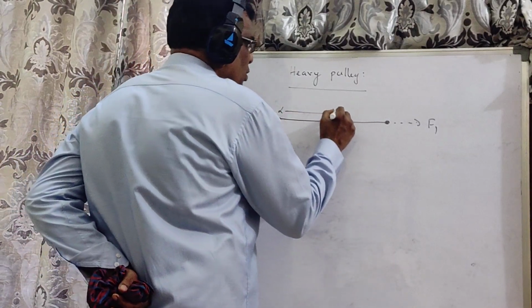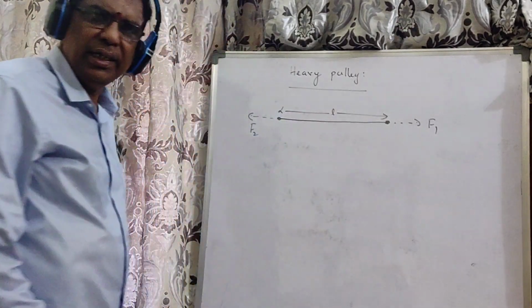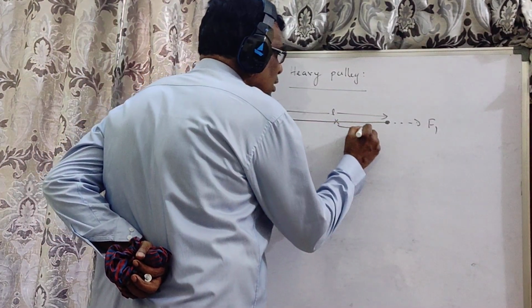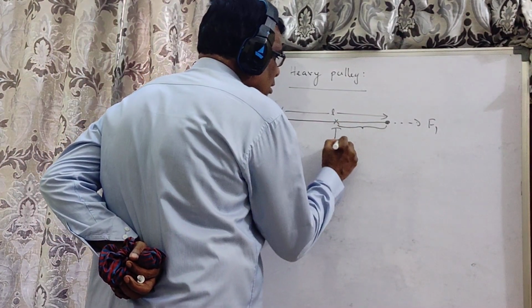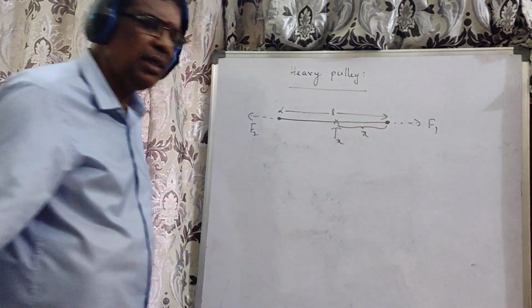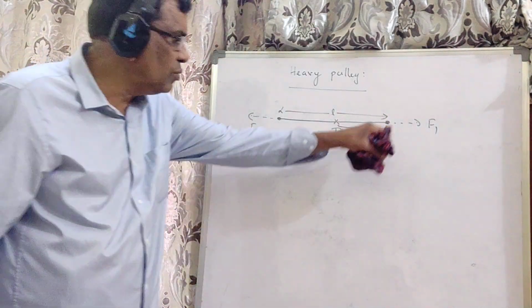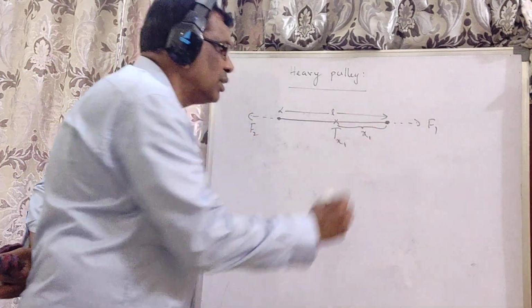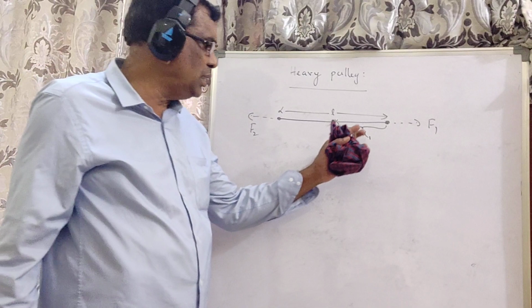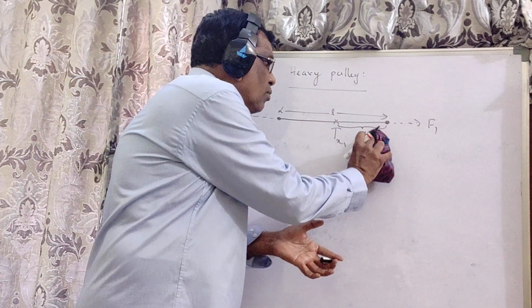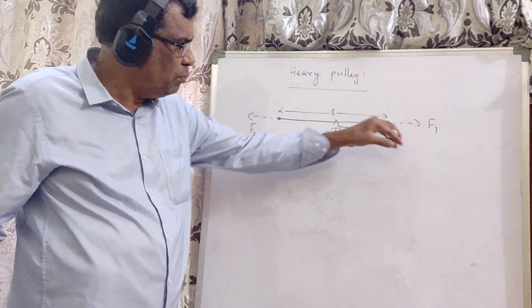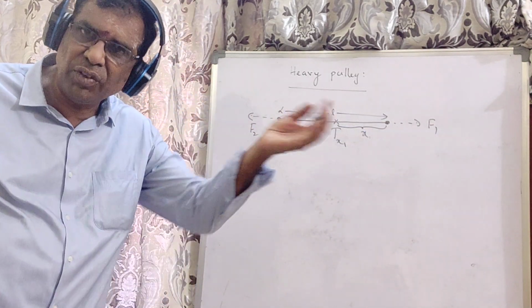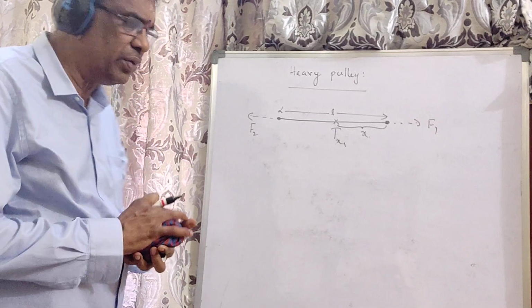Total length of the rope is L. I probably want to get tension at a distance x from the end 1 where F1 is applied. That is the meaning of it.